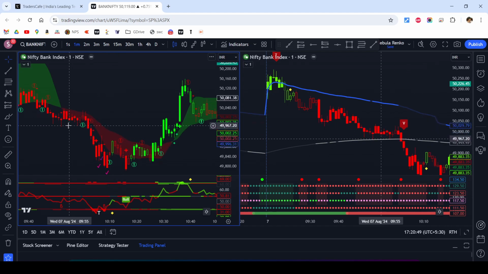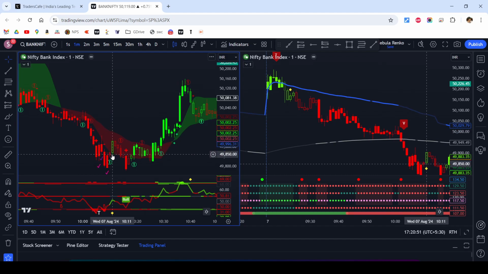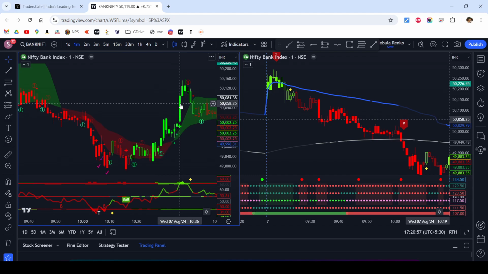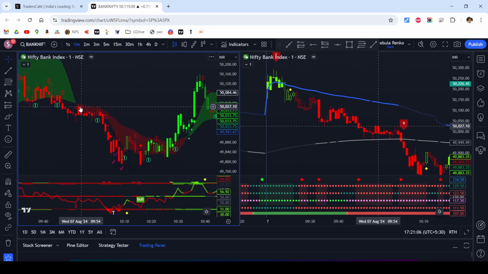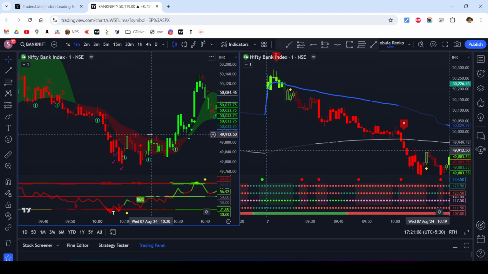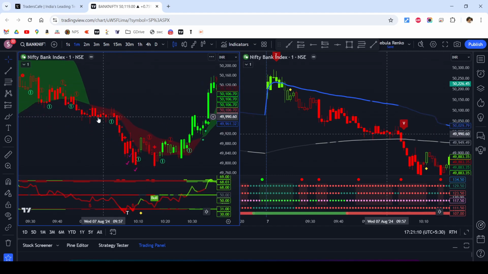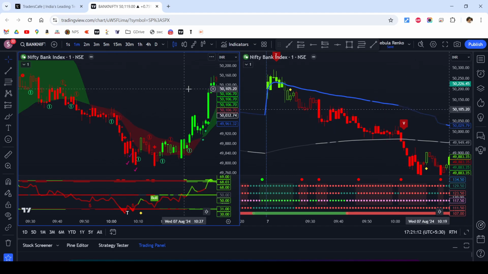The bright reds mean there is strength towards downside. The bright greens mean there is strength towards upside. The system also has a cloud which gives you additional confirmation as to where the trend may be heading and reversing. Right?